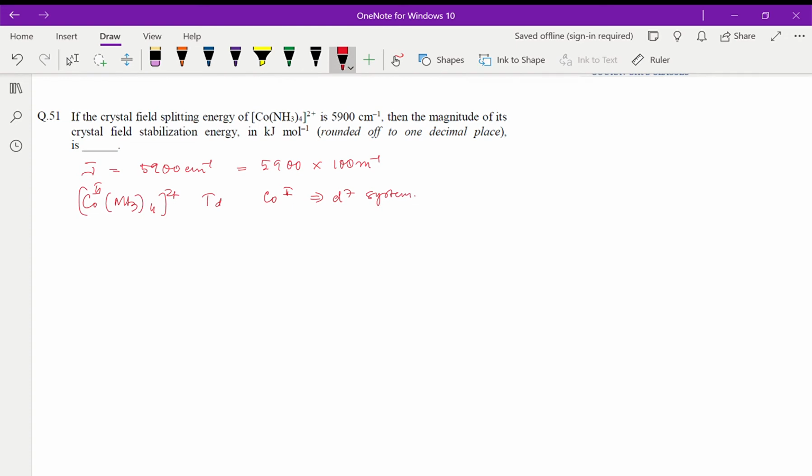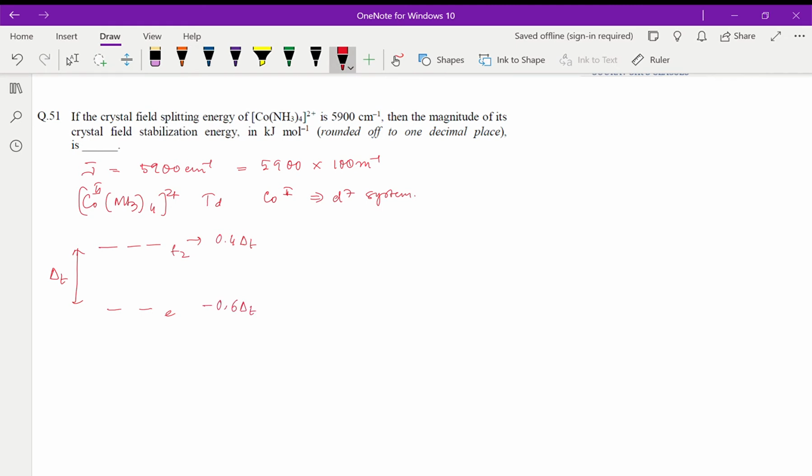In the tetrahedral field, the arrangement of orbitals is E followed by T2. This energy gap is delta T. The higher energy level is at 0.4 delta T, and the lower energy level is at minus 0.6 delta T.